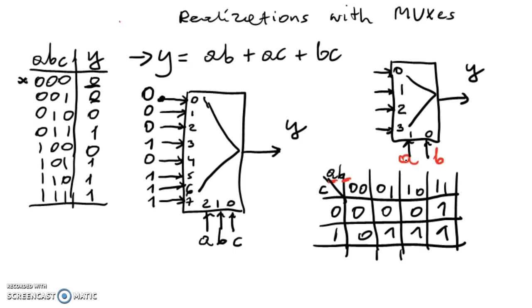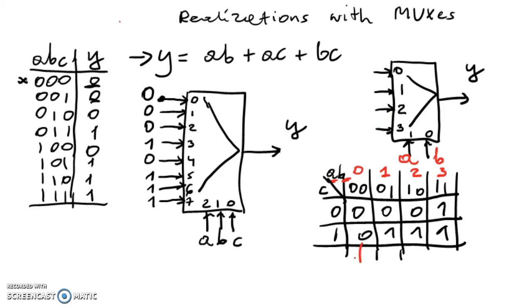And then, because A and B are connected to select lines, in the columns you've got input 0 selected, input 1 selected, input 2 selected, and input 3 selected. The 4 columns correspond to the 4 inputs of the multiplexer.